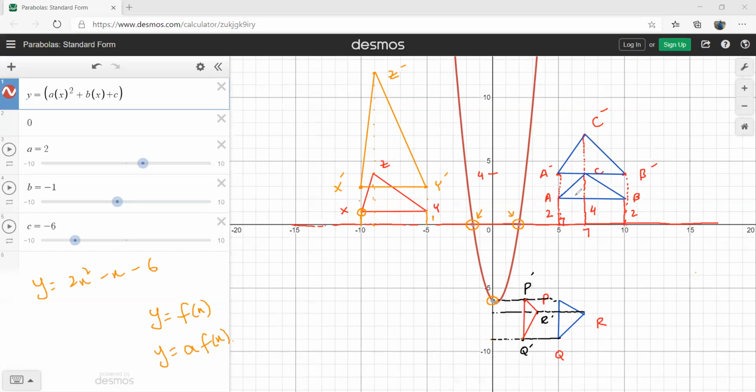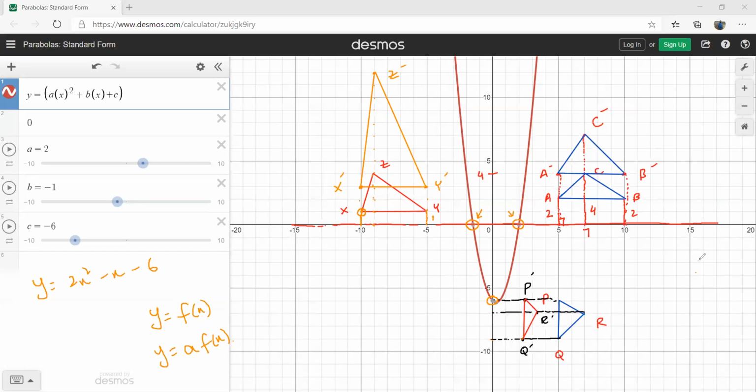Which coordinate is changing? Is that the x coordinate or the y coordinate? When you have the vertical stretch, which coordinate changes? The y coordinate. Yeah, the y coordinate.